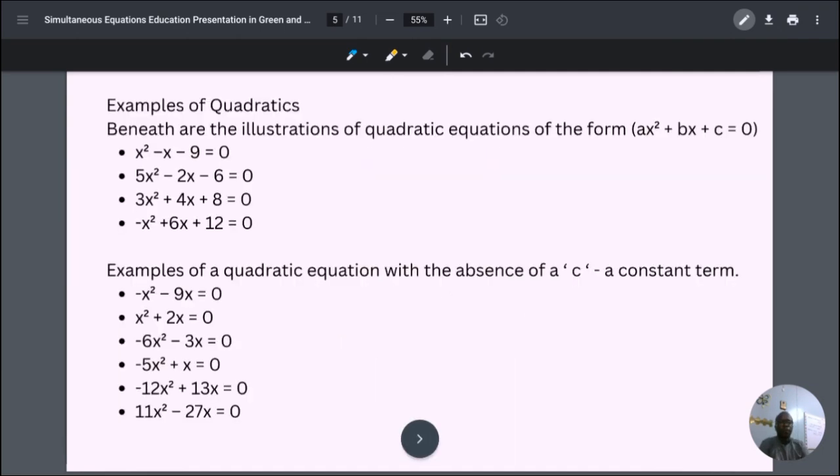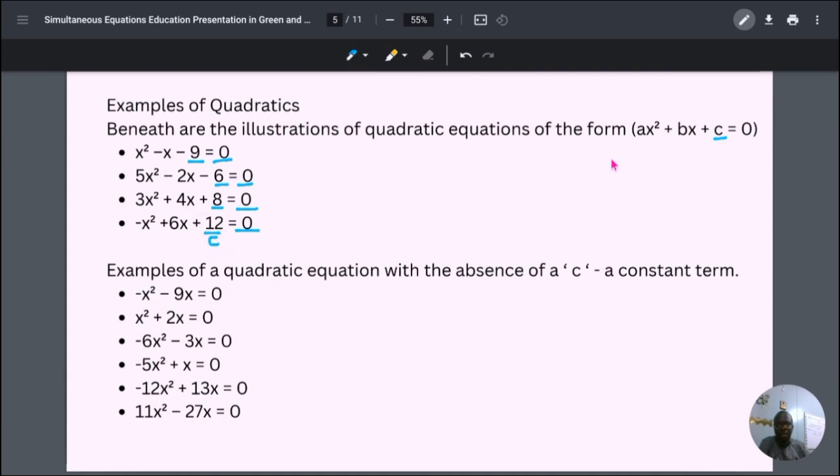Okay, so moving forward, we have examples of quadratic equations here, and we can see that these ones are equal to 0, and these ones have the constants c. You can find the constants c here. As you can see, these are the constants c.